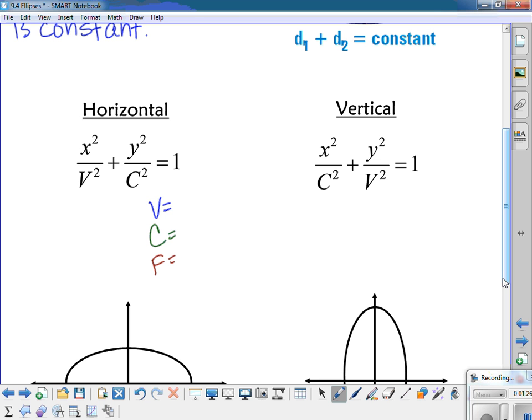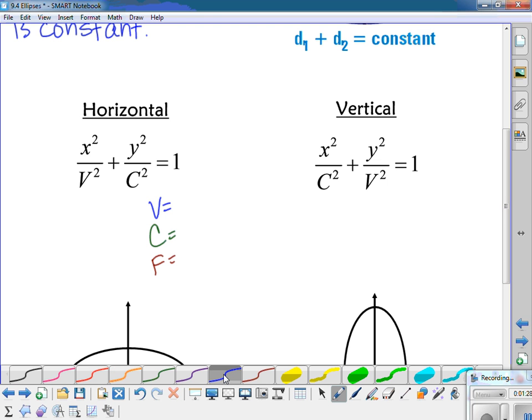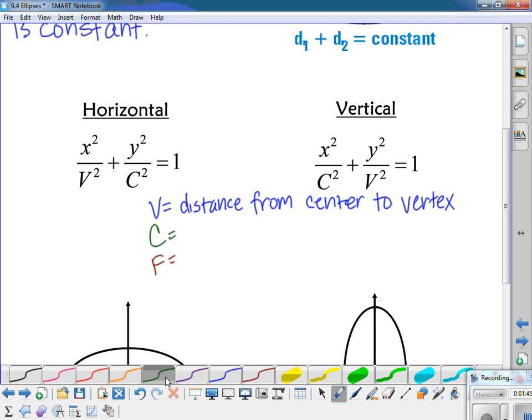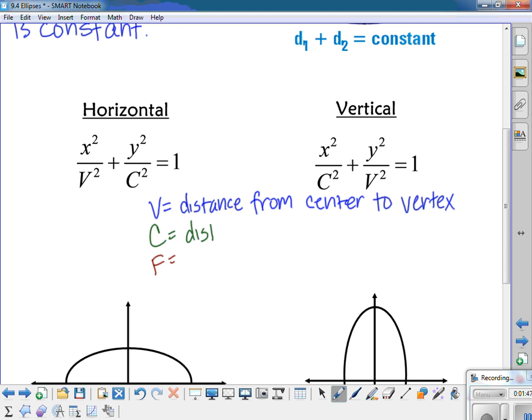And so I'm using v to represent the distance from the center to the vertex. That's why I chose V for vertex. And C is the distance from the center to the co-vertex.